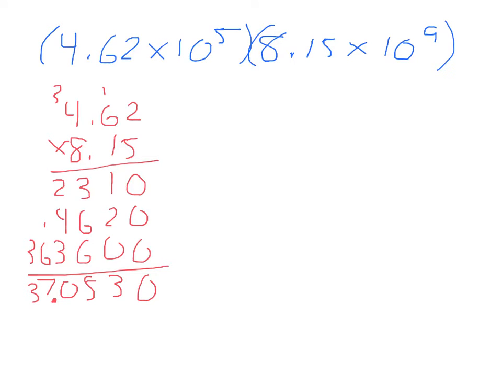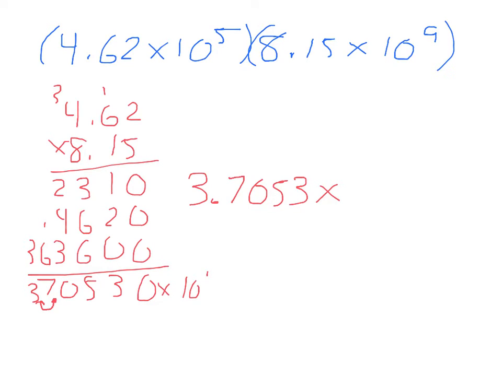So obviously I'm going to have to move the decimal over one place, causing another times 10. So I get 3.7053, and times, we know this ended up being times 10 to the first.